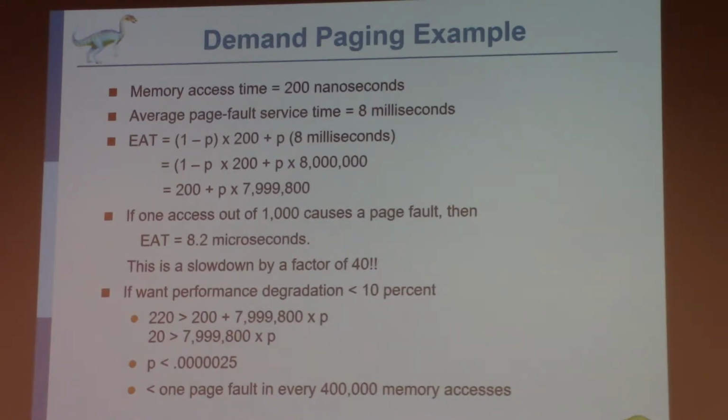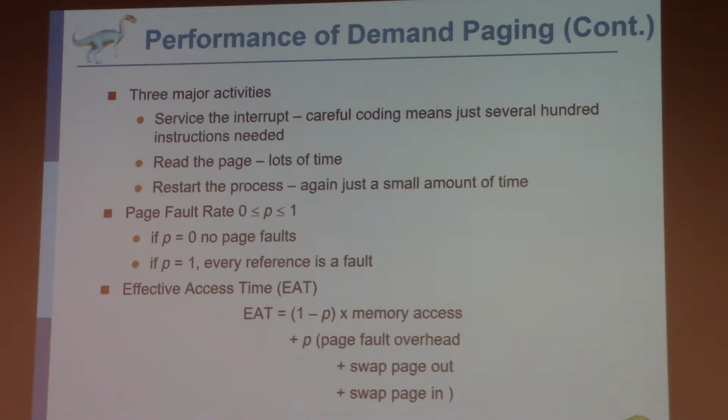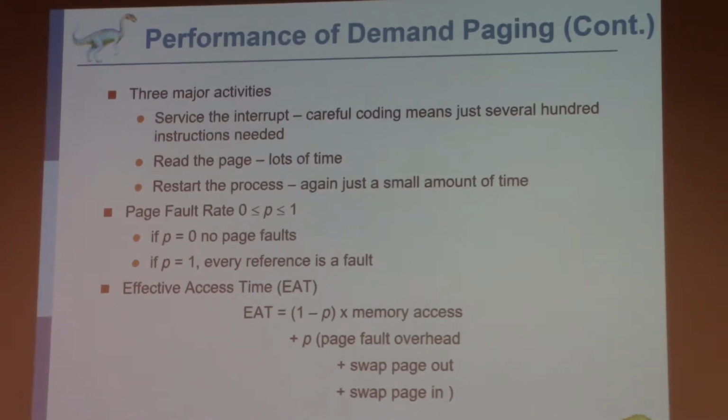Which means P is very important in terms of the administrative job. The administrator checks P, how many page faults are in your system, and tries to keep such a number of pages to a minimum.